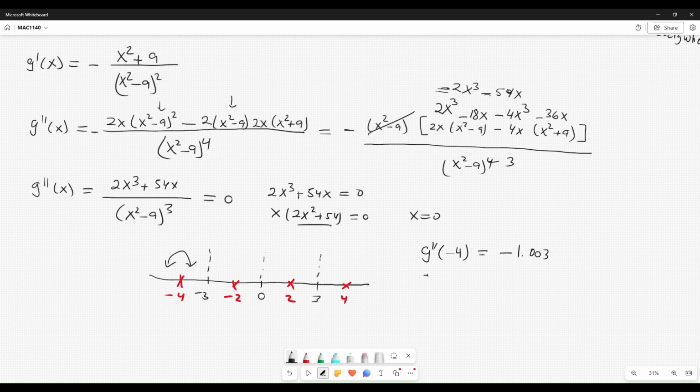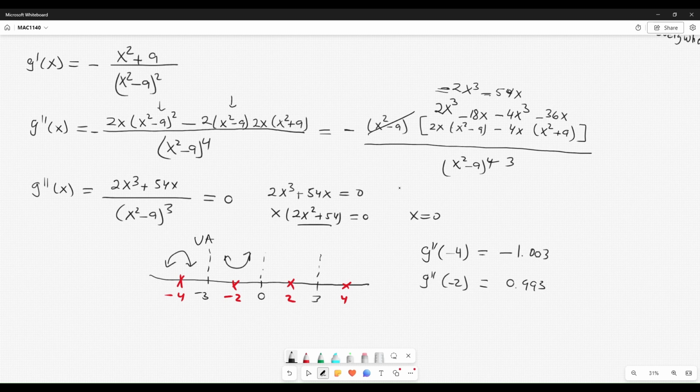Now the second derivative evaluated at negative 2 is 0.993, positive, so it's concave up. At negative 3 we have no inflection point, we have a vertical asymptote. And a vertical asymptote typically, not always, but sometimes, changes the concavity.